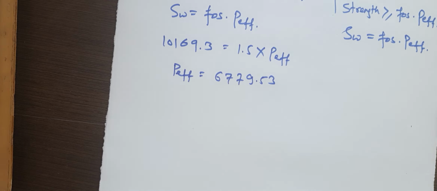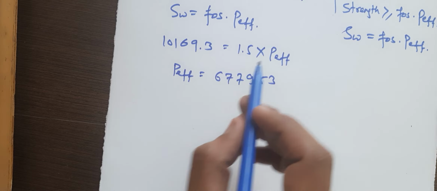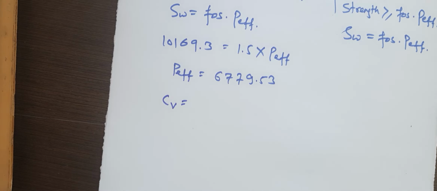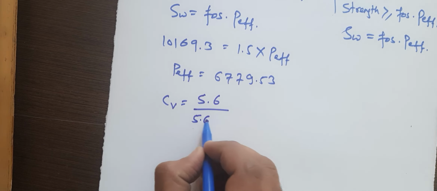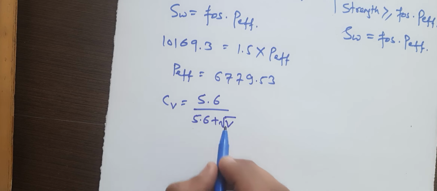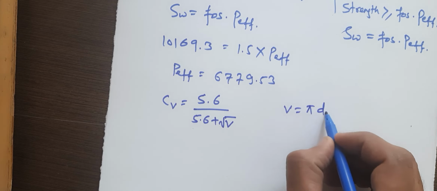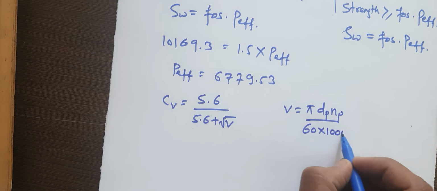Here we need to first calculate CV. The formula for CV is 5.6 divided by 5.6 plus under root V. So V is required. V is nothing but pi dp np divided by 60 into 1000.